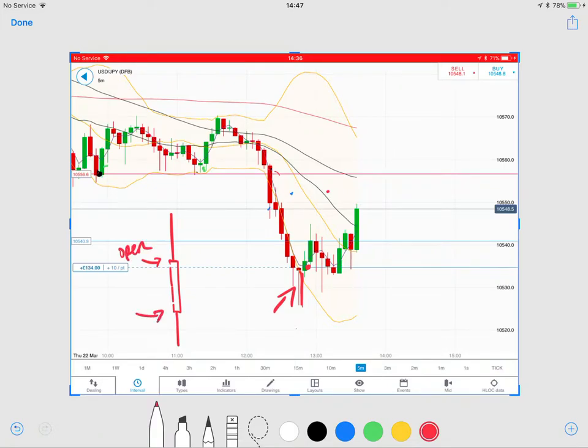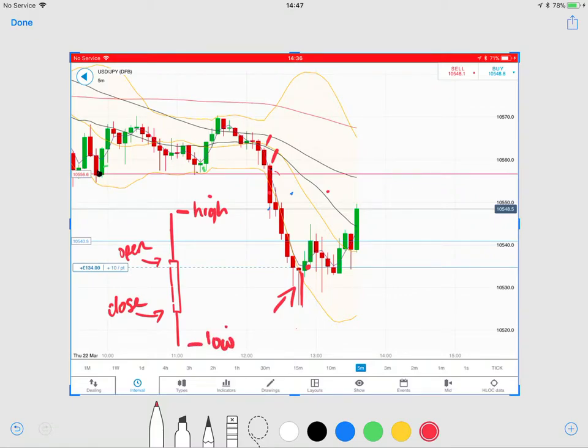That's the open, and that's the close. If it were on the 5 minute, this whole candle represents 5 minutes. And in that period, it got to this level, so that's the high for 5 minutes. If we went to the daily, that would be the high for 1 day.